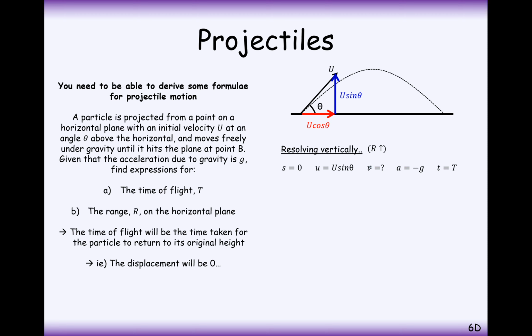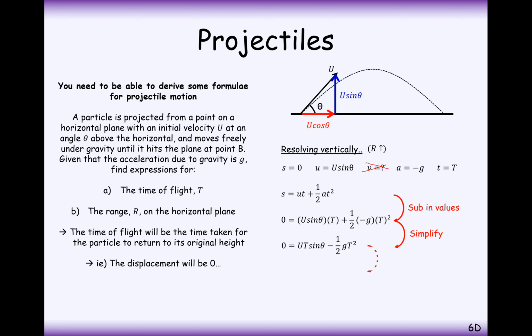So what we'll do then is we'll delete v and we'll now look for an equation that links s, u, a and t together, and that is s equals ut plus half at squared. So write out the formula, substitute the numbers in, so we're going to get 0 equals u sine theta for u, t is just t, and then it's plus half, the acceleration is minus g, and then t squared. So what we'll do then is we'll tidy that up a little bit and then we'll factorise out the value for t.